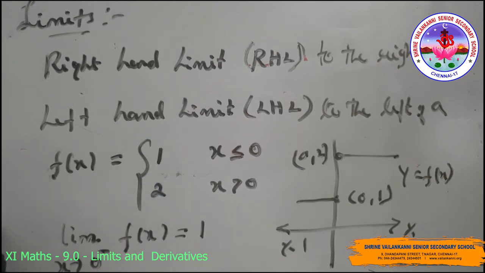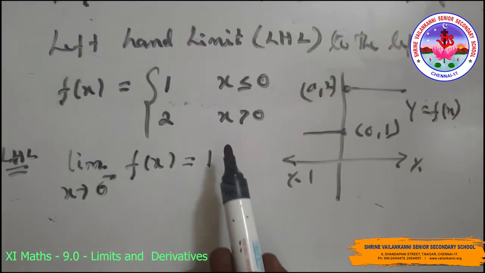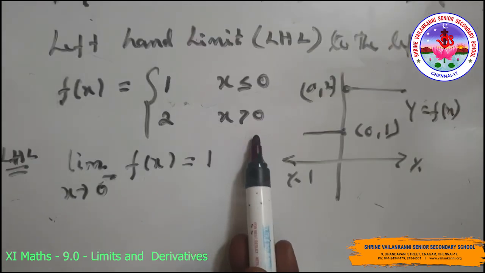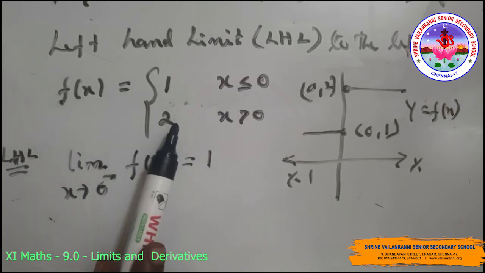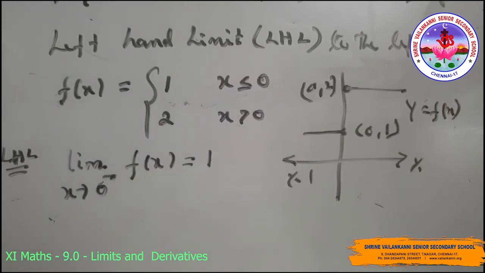So left hand limit as x tends to 0 minus, f of x equal to 1. Similarly, the value of f at 0 dictated by the values of f of x with x greater than 0 equals 2. That is, when x is greater than 0, the function f of x is 2.